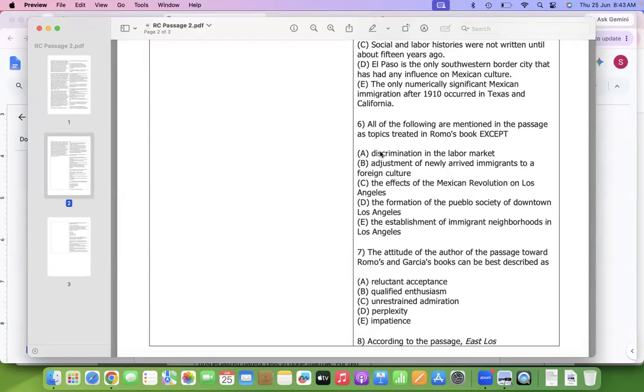You all gone with D. Let's verify. Discrimination in the labor market.